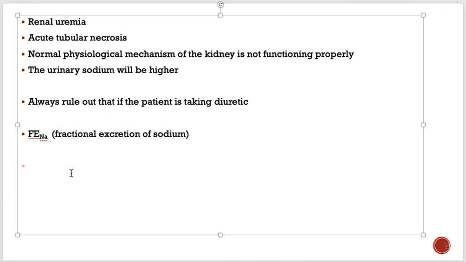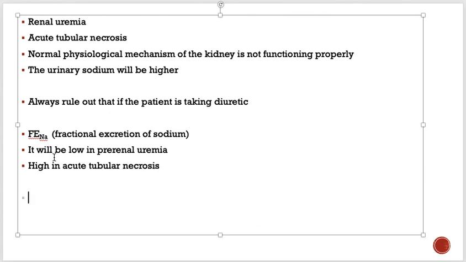So remember that FENA will be low in pre-renal uremia but high in renal disease or acute tubular necrosis.